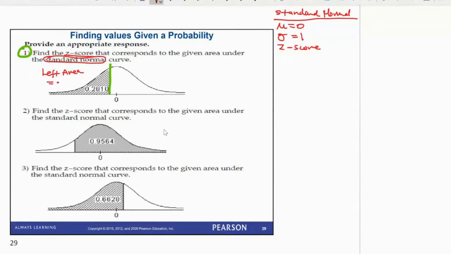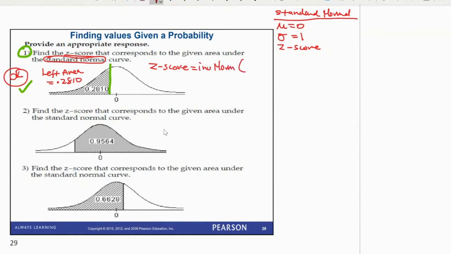Left area is 0.2810. So this is okay. We always want to make sure that we have the left area. All right. So because this is okay, all we're going to do is to say that the z-score we are looking for will be the inverse norm.